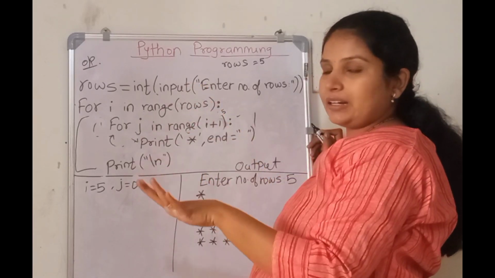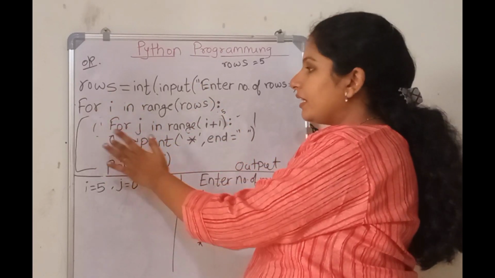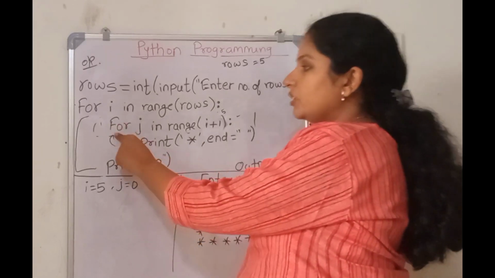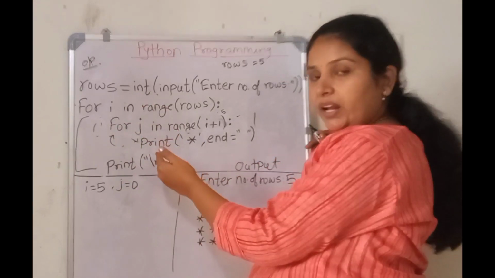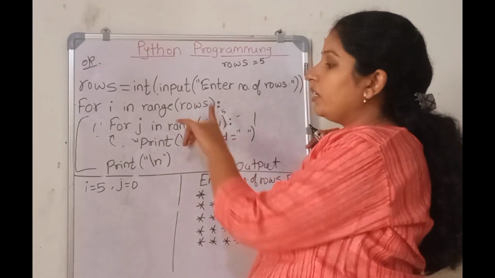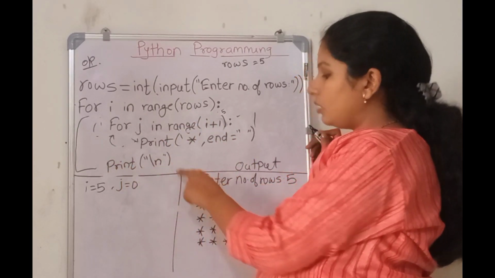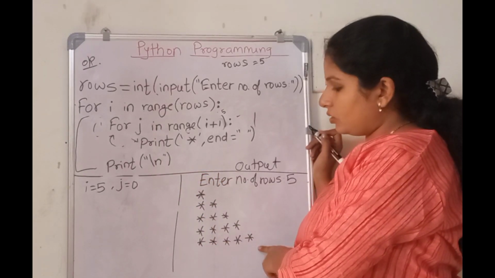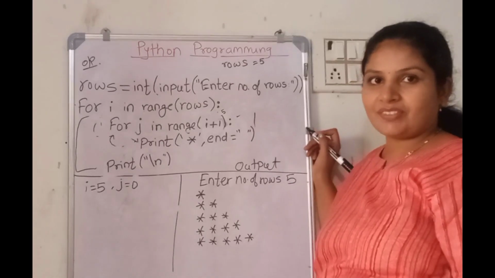You are not entering the for loop also. So this for loop will not be executed. This print statement won't be executed. Directly you are printing the whole pattern which is created right now. So this is your output.